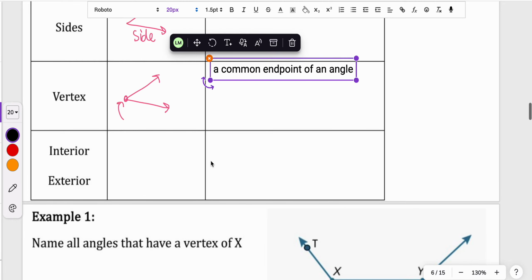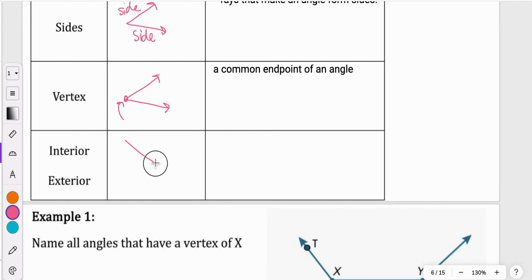And then for interior and exterior, you can have just any type of angle, and interior points would be inside of that angle, whereas exterior points are going to be outside that angle. So this would be considered inside the angle. And then here would be outside the angle.